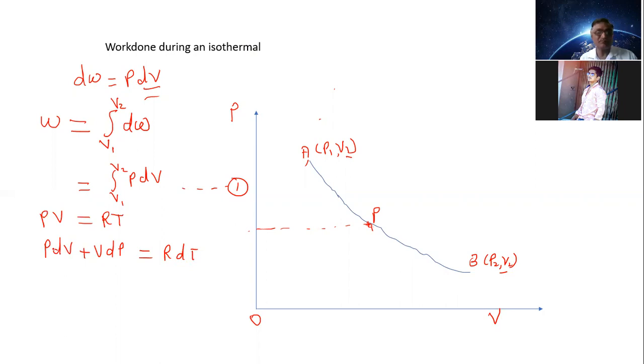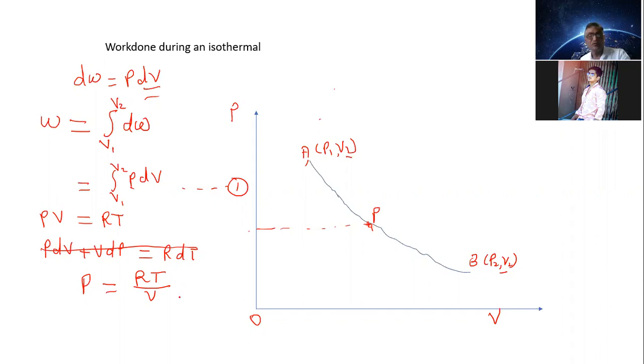किंवा सॉरी 1 minute. There is no need to differentiate this equation. Simply we can find out the value of P from this equation. That is, we can write here P is equal to RT upon V. V हा आपण right side ला shift केला.